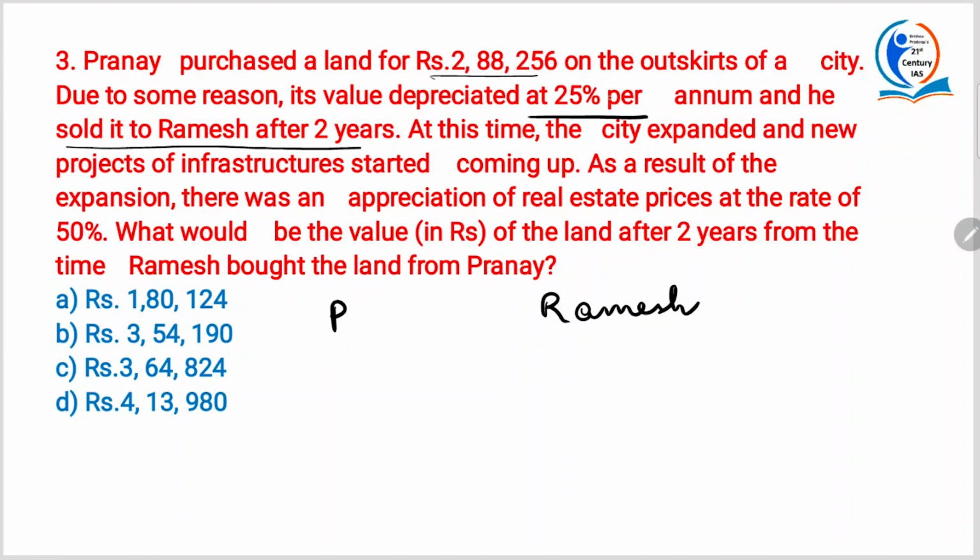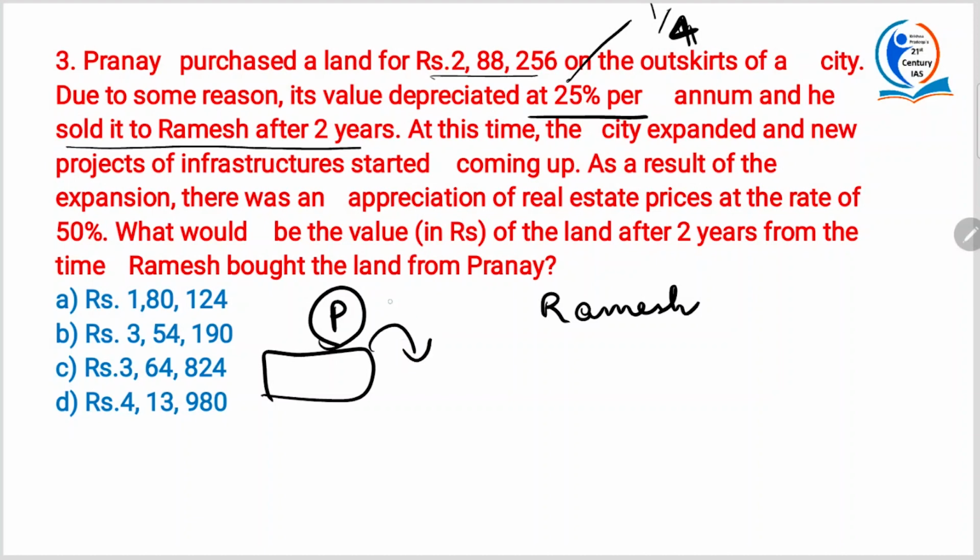That means 25% is 1/4, no? So every year the land value is decreasing by 25%. The initial value is already given, I am putting a box instead of writing that number.